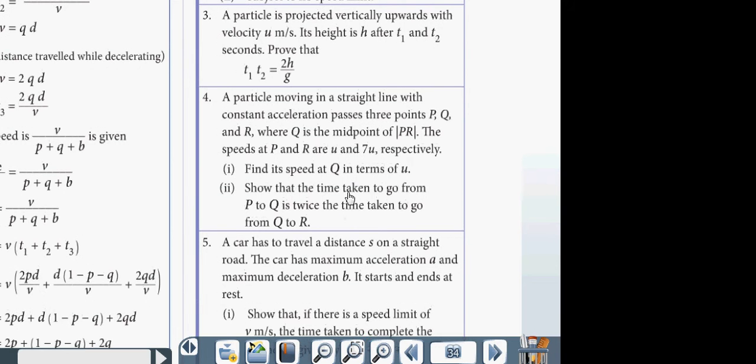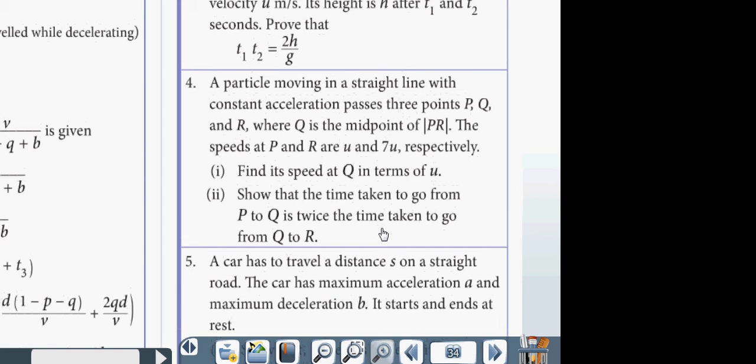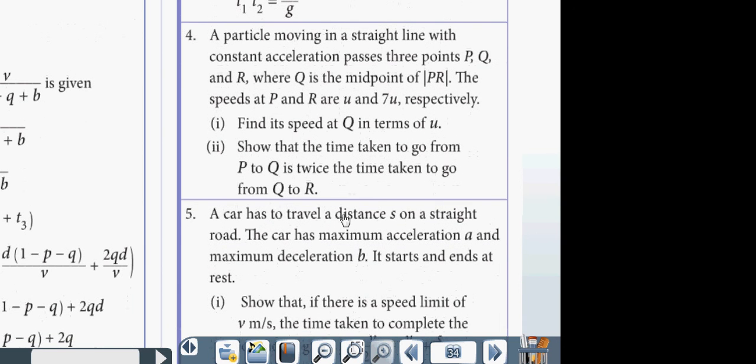Okay, I'm going to read that twice because it does get fairly confusing sometimes. A particle moving in a straight line with constant acceleration. It doesn't say anything about it starting from rest, does it? No, it doesn't. So it's going u at the start. Passes through 3 points P, Q, and R. I'm going to put P, I'm going to put Q here, and I'm going to put R further up the road.